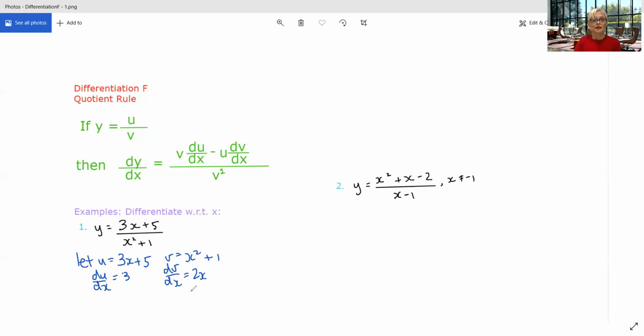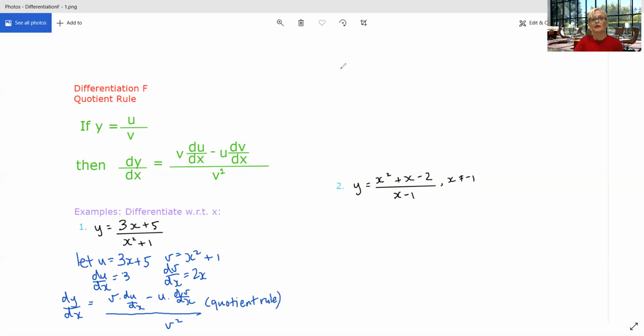Now our rule says that dy/dx is v times du/dx minus u times dv/dx all over v squared. That's our quotient rule.